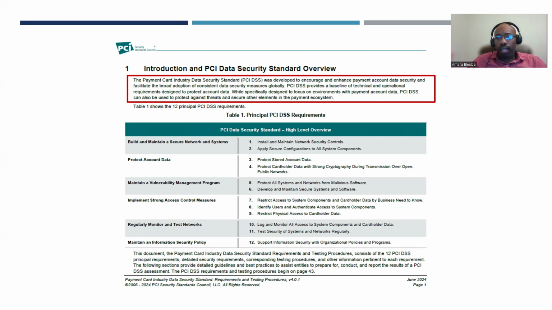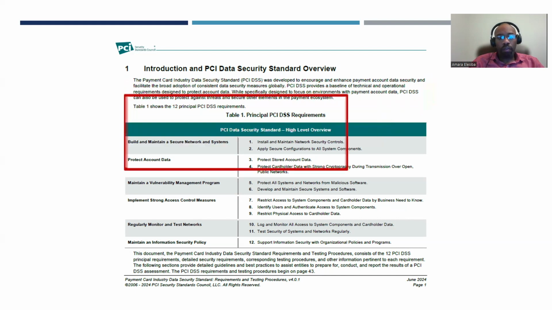These card brands said, hey, we want consistency in our payment data security measures. So they formed the PCI Security Standards Council, and they developed what we call PCI DSS, the Payment Card Industry Data Security Standard.